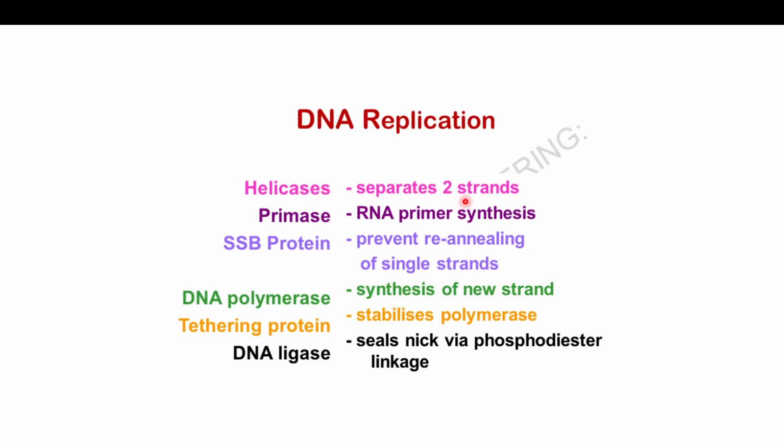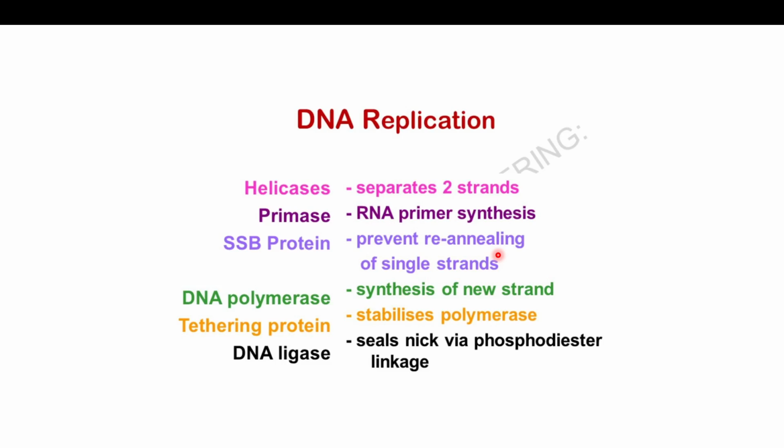Helicase separates the two strands of the DNA helix, it has to be separated. Primase, RNA primer synthesis. We saw in the earlier slide that DNA polymerase needs RNA primer to start synthesizing the DNA strand. Then SSB protein, single stranded binding protein, which prevents re-annealing, because it's not that the whole DNA gets separated into two strands. A certain stretch of DNA gets separated.